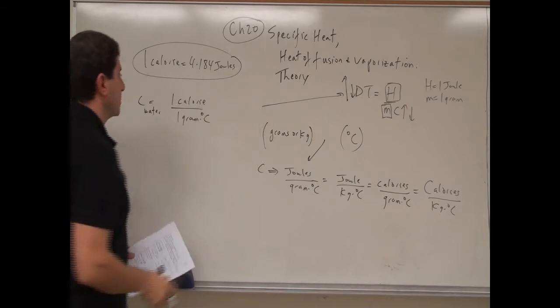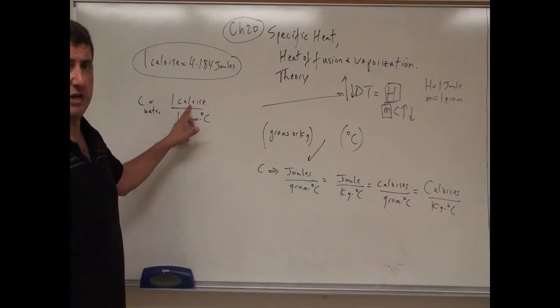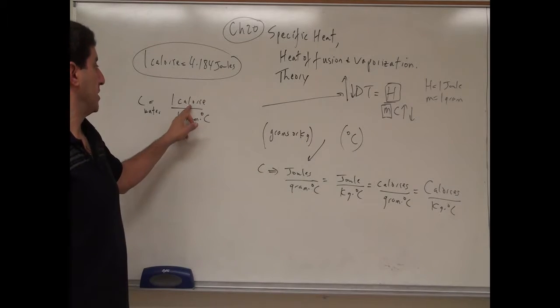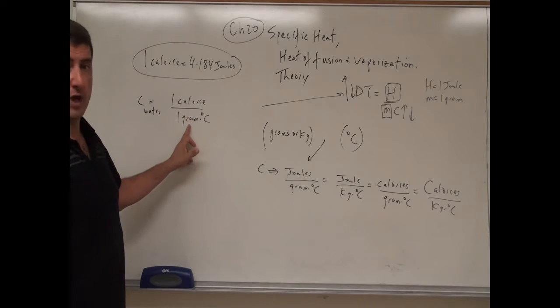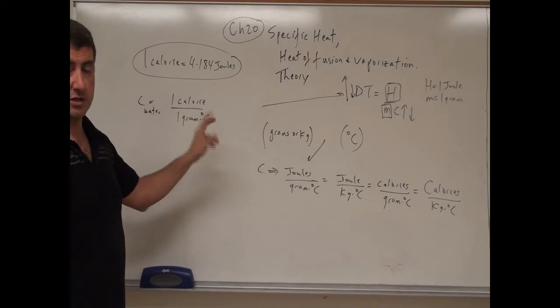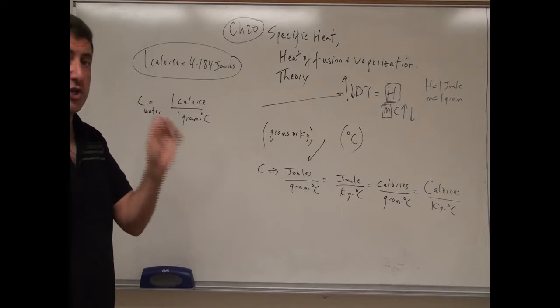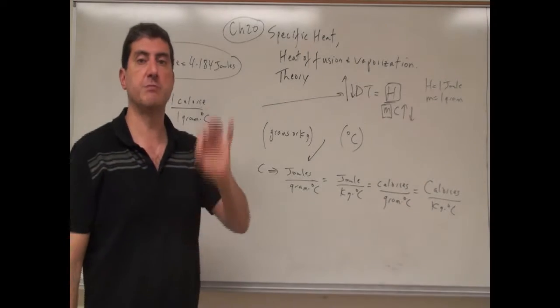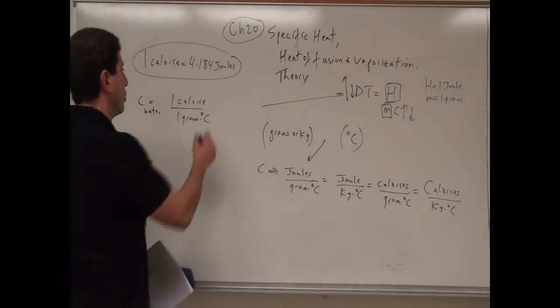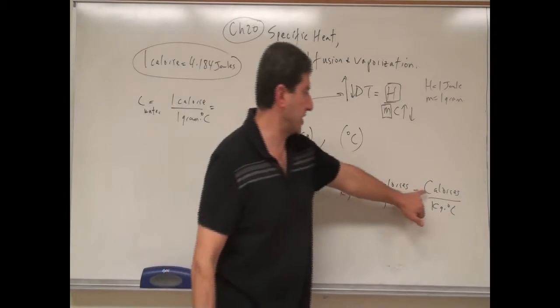Okay, so what does that mean? It takes 1 calorie of heat to change the temperature of 1 gram of water by 1 degree Celsius, right? Or we can change that to food calories.